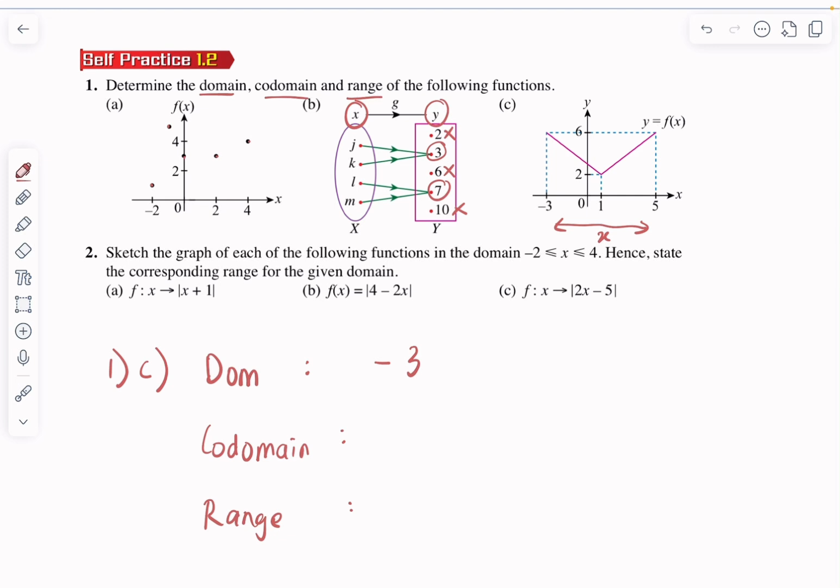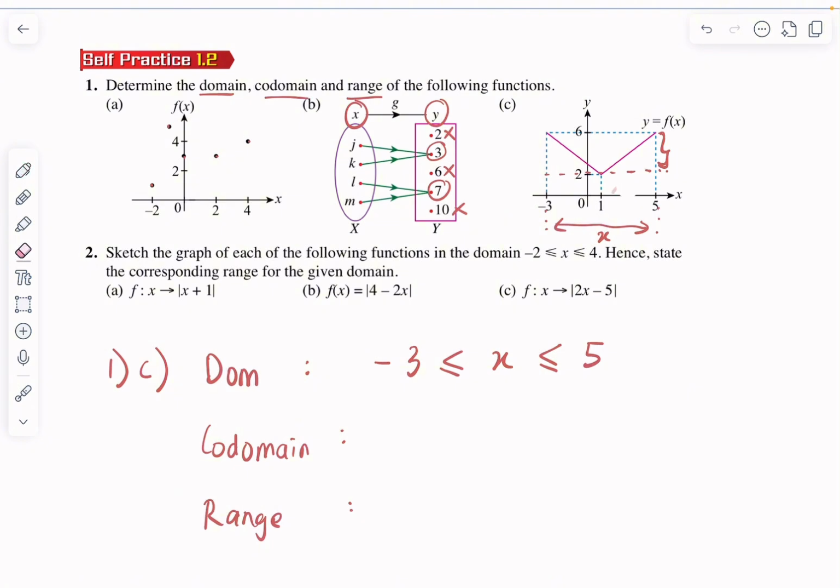So you just put -3 all the way until 5. From here until here, this will be our domain. Our codomain will be the y values of the graph, so from here until here only. Here got no graph. You see the purple line doesn't have it here, right?